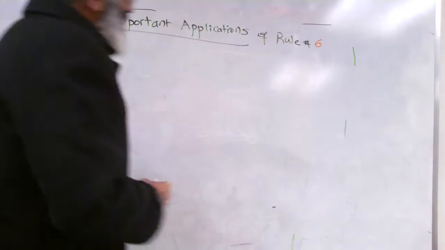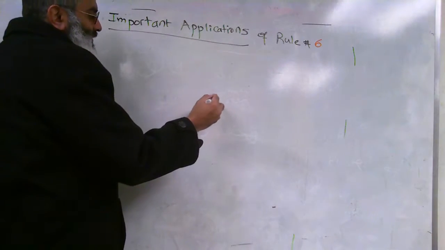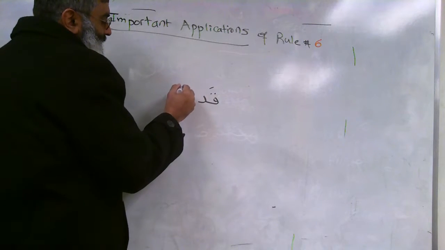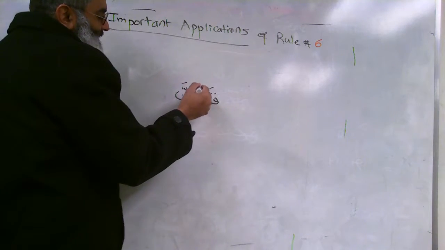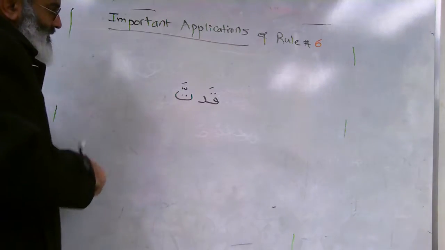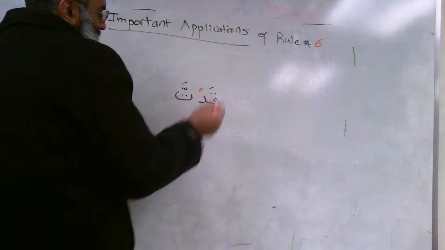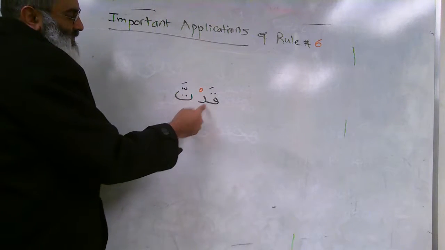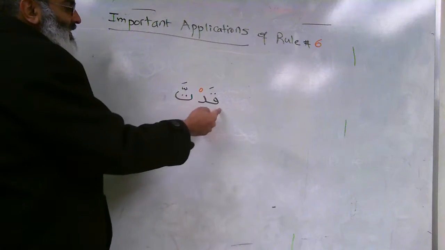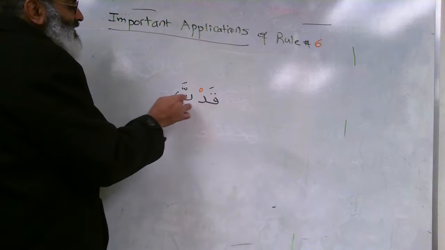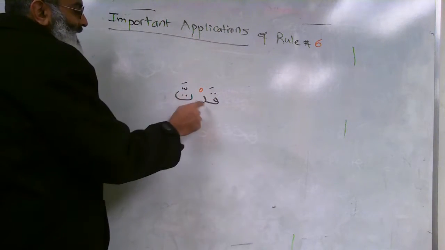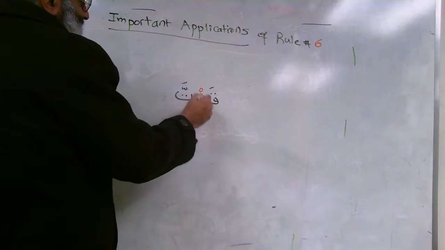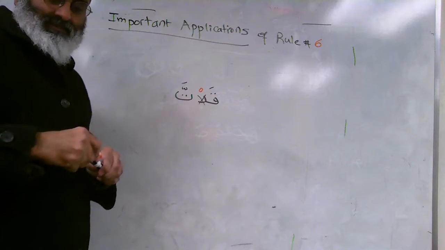Rule number 6 was that if you have a letter with shadda and the letter before it has a sukoon, then you skip saying this letter. So instead of qadta, it becomes qatta. You totally avoid this letter. That was the rule number 6.